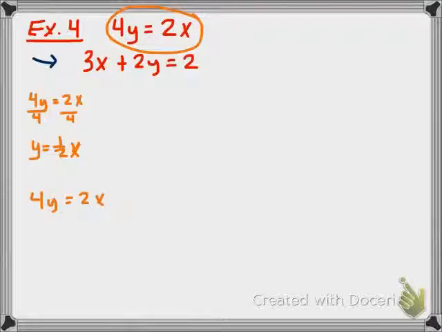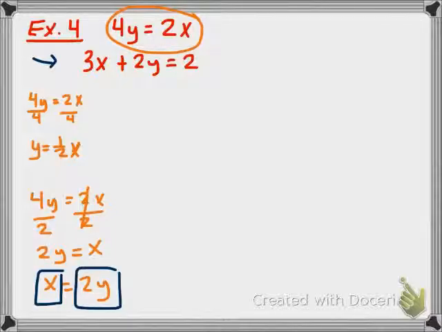If I solve for x, I would have to divide by 2, and I end up with 2y is equal to x. So I'm going to rewrite it, x equals 2y. That's a lot easier to work with. So 2y is going to be substituted for the x in that problem up there.